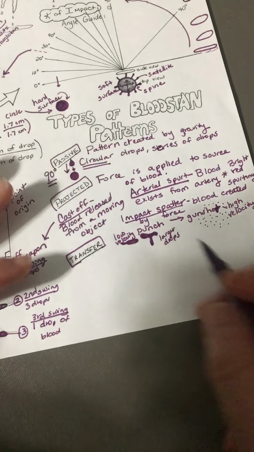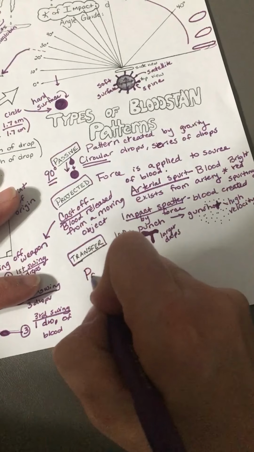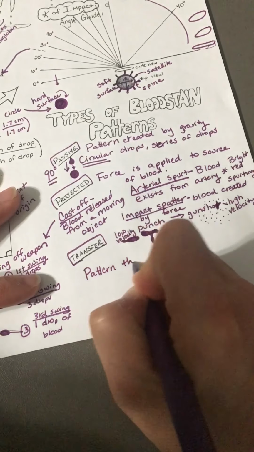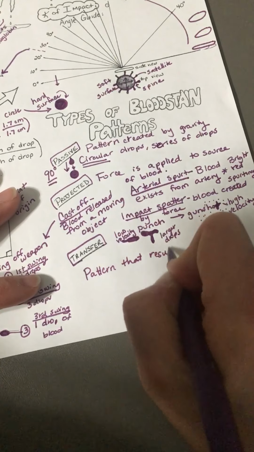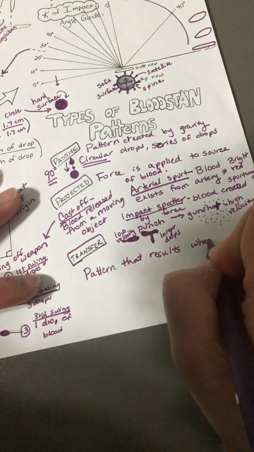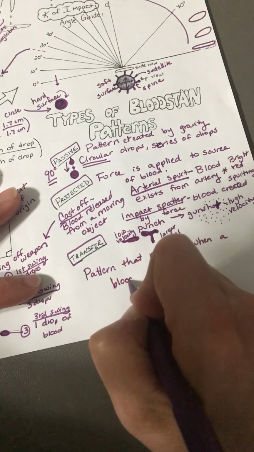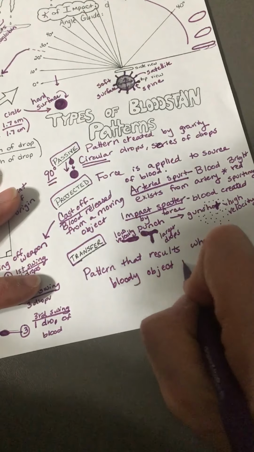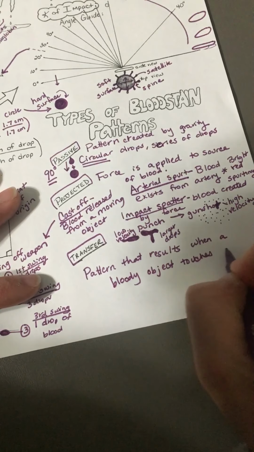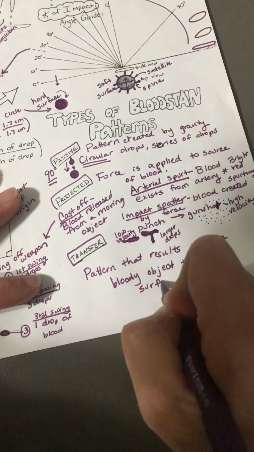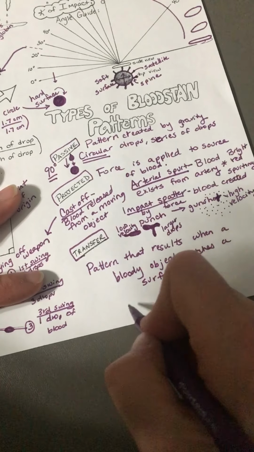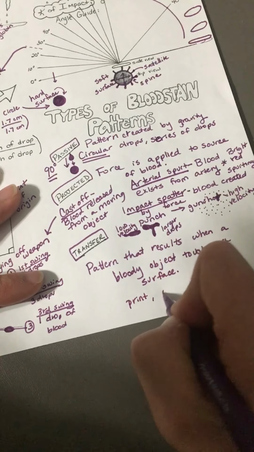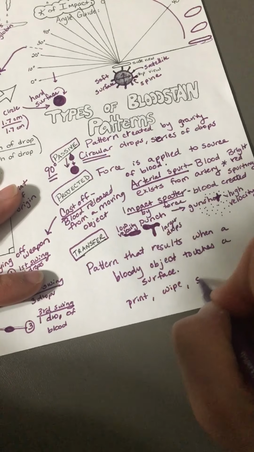All right, and then the last one is transfer, and this is a pattern that results when a bloody object touches a surface. So this could be like a bloody handprint, it could be a print, it could be a wipe, or it could be a swipe.